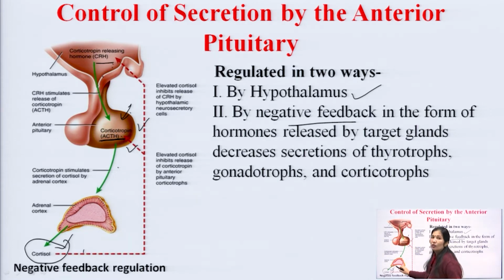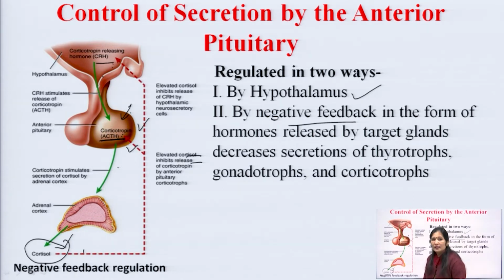As soon as the cortisol level rises, it will inhibit the release of ACTH from the anterior pituitary, and it will also inhibit the release of CRH from the hypothalamus. So, no more cortisol will be released when it is inhibited by the negative feedback mechanism.